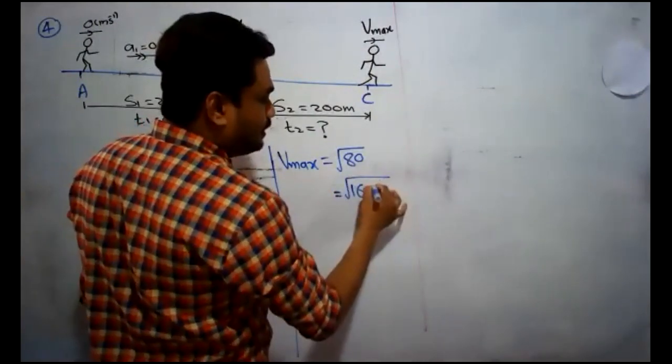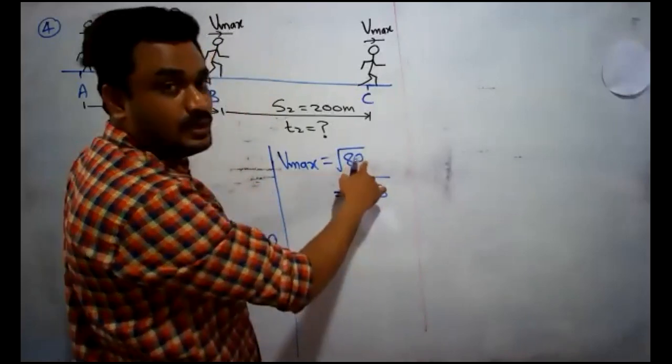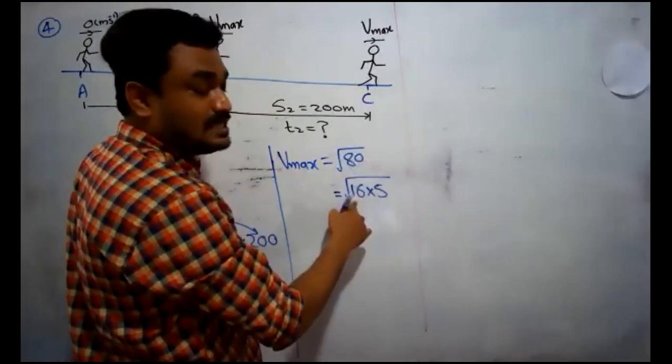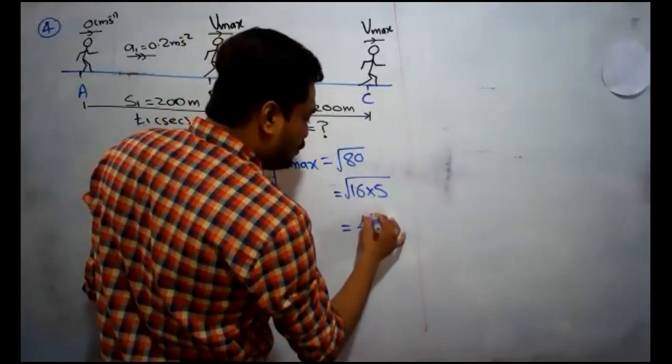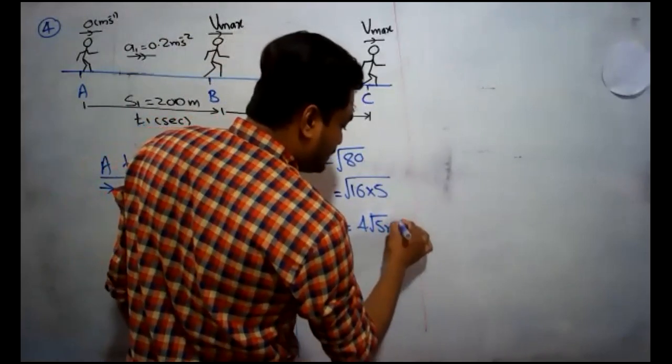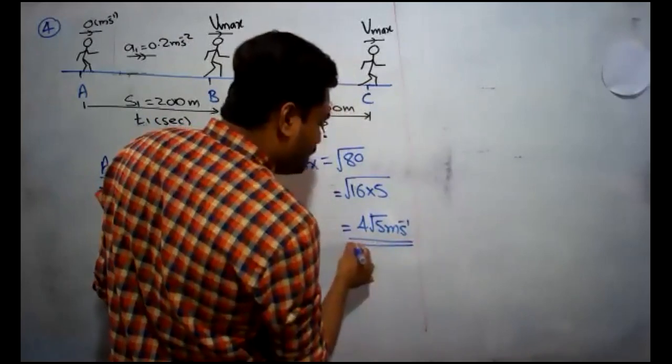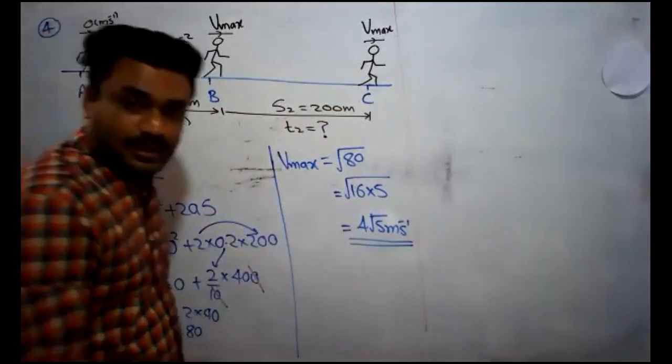The square root of 16 is 4. So 4 root 5 meters per second is the maximum velocity obtained by the boy.